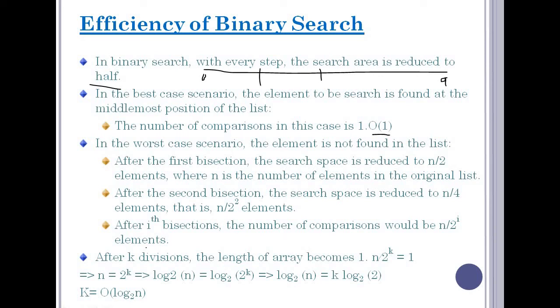In this way, when I do the kth bisection, the number of elements in my list becomes 1. So how will I write this? My n elements, I will write as 2 raised to k, that is the kth bisection. At that time my array list consists of 1 element. So n is equal to 2 to the power k.